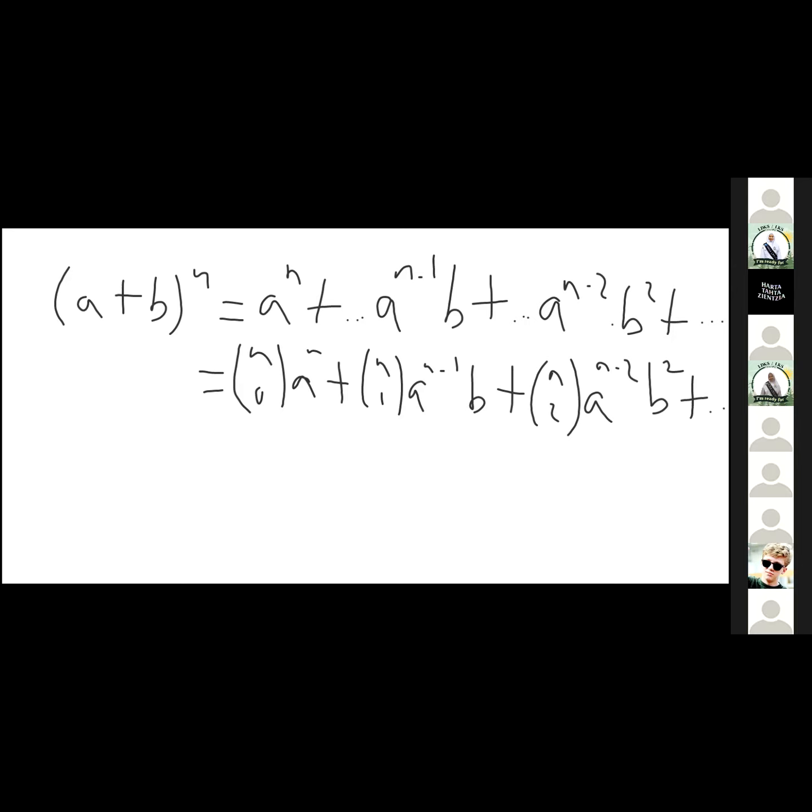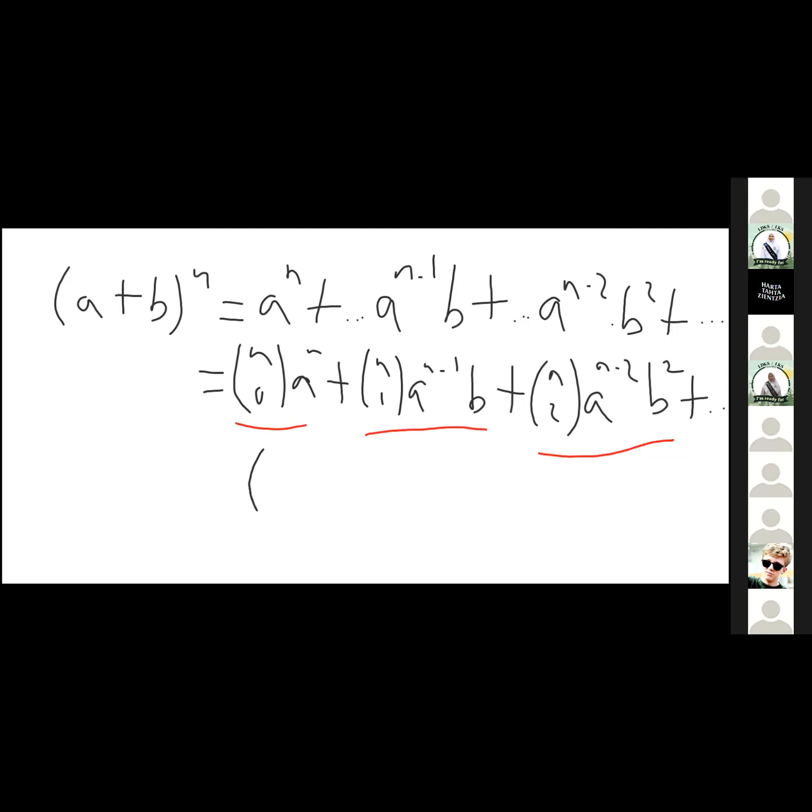Okay, so here, as you can see, in general, the pattern for each term looks like this. So you can see for the first term, the second term, the third term, and so on, the term looks basically like this.